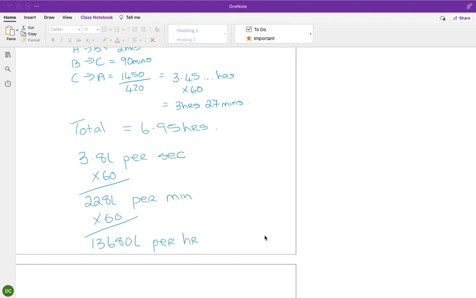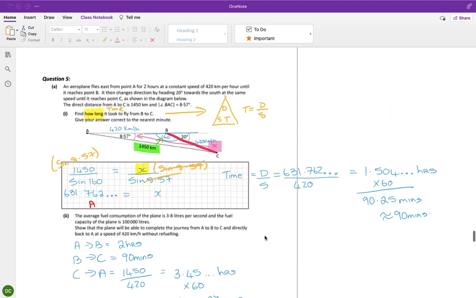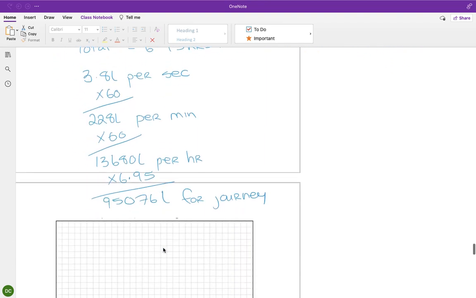And then we have 6.95 hours. So that is 95,076 litres for the journey. 95,076. How much do they have? The fuel capacity of the plane is 100,000 litres. Show that the plane will be able to complete the journey. It will. It'll have just under 5,000 litres spare.